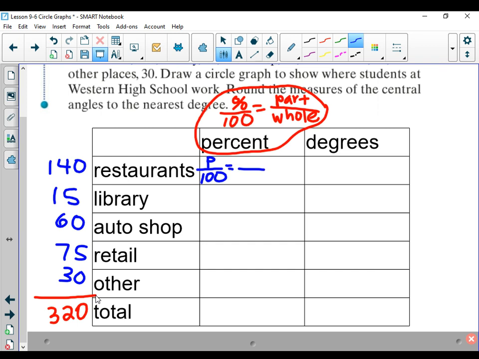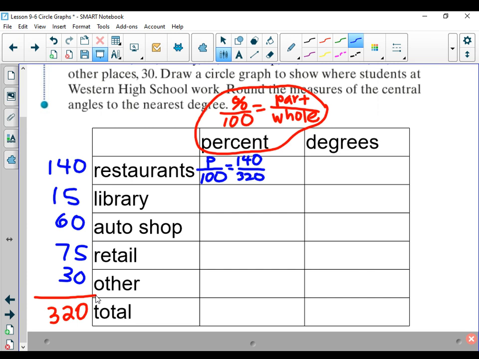What part of the high schoolers said they worked in a restaurant? What was the whole or the total group surveyed? Okay, let's just let that sit for a minute.